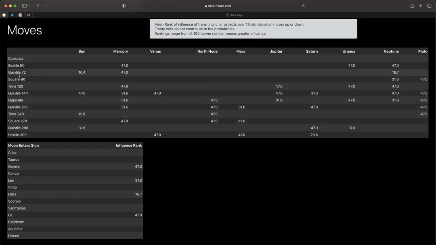We see that moon 72 degrees quintile from the sun is probably the most significant one. So one of the things that I'm going to do is update the TradingView script so that these labels here are displayed in the TradingView script, because of course the moon moves very quickly.